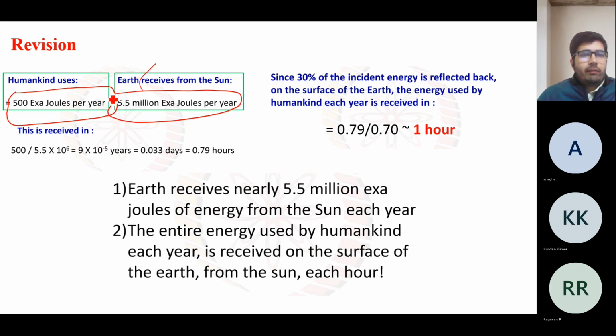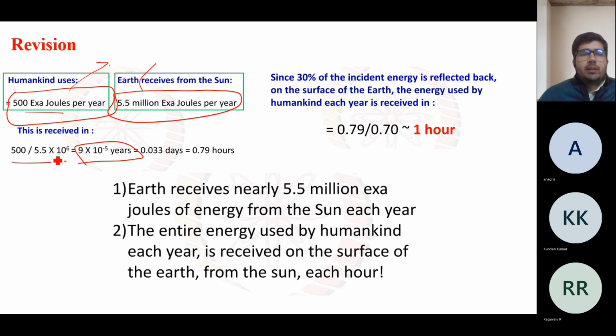Humankind all over the world uses around 500 exajoules per year. So to find in how much time the Earth receives 500 exajoules, just divide 500 by 5.5 into 10 to the power 6, which equals 9 into 10 to the power minus 5 years.